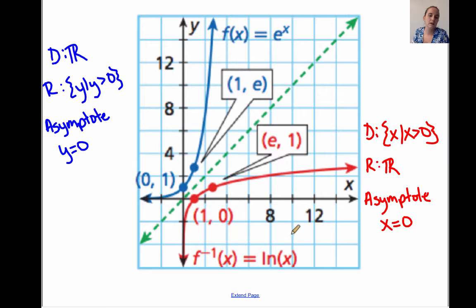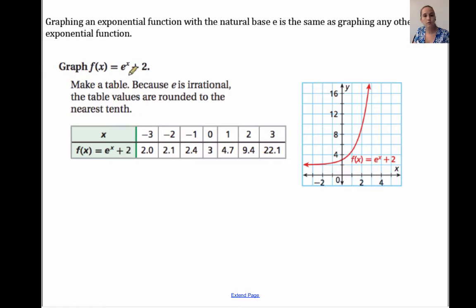So notice nothing has really changed. You're just using a different value for the base. So that's really all e is. E is just a number. If you were graphing, again, you just graph just like anything else. So you'd pick some values for the x. They chose -3, -2, -1, 0, 1, 2, 3.